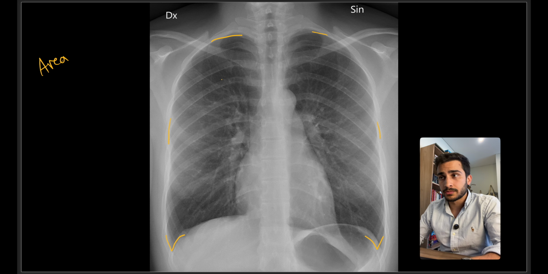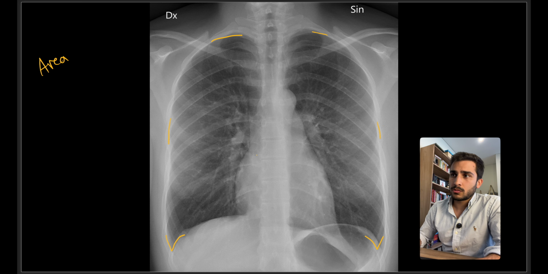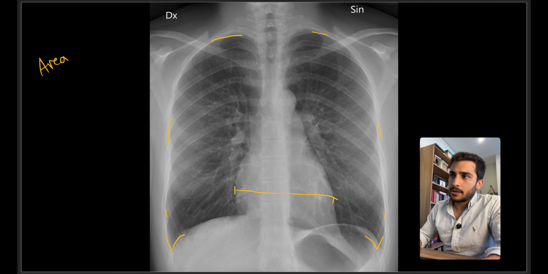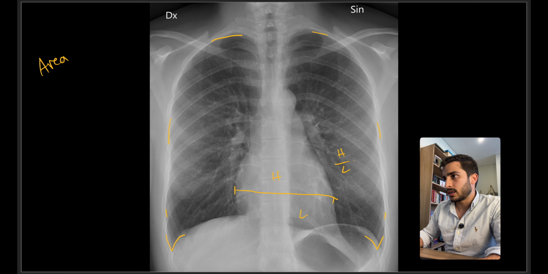So that's pretty good. Then we ask ourselves, okay, well, what is the heart size? Okay, so if we get the measurements from here to here, whatever that measurement is, and the measurements from the edges to the edges of the lung, that value, so the heart to the lung ratio, so the H divided by L, should be less than 0.5.